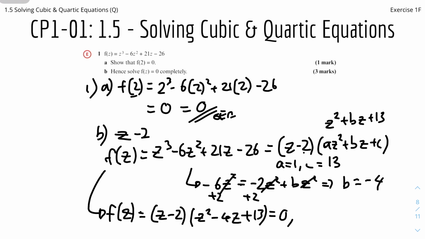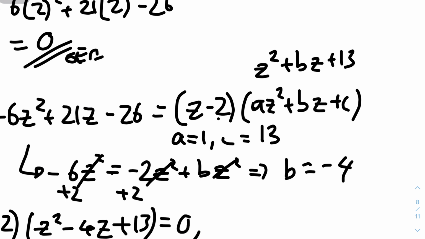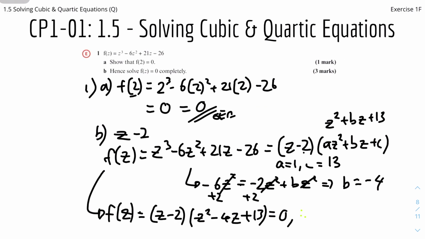And for this quadratic here, I'm just going to use my calculator, but we can use the quadratic formula as well. So we have 1, minus 4, 13. Therefore, the answers are z equals 2 and z equals 2 plus or minus 3i.